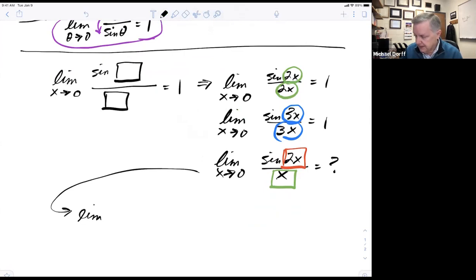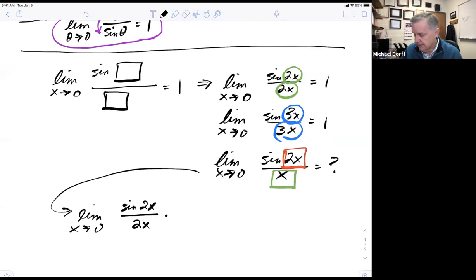The limit as x goes to 0 of the sine of 2x. Now I can't really take out that 2x after the sine, but I could put a 2x in the bottom. Now you may say, well, you can't just put a 2x there. And you're right, I can't just put a 2x there. So how do I get a 2x there?